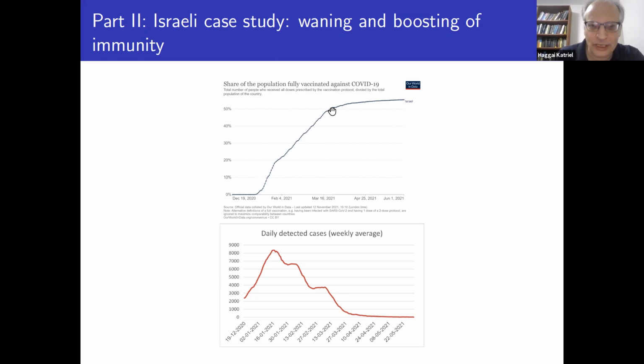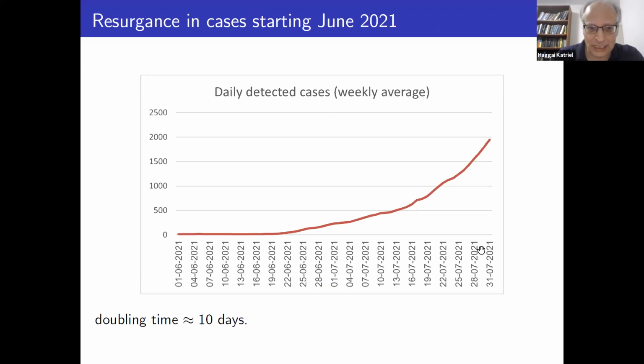We reached something like 60% of the population by March, and the cases went down so that at the end of May we had almost 0 cases. And then in June, we started seeing a rapid increase in cases. And it was clear that it was not going to go well.